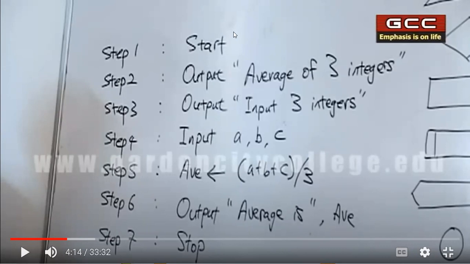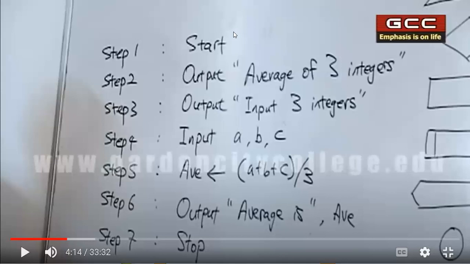Write an algorithm to find the profit of sale and cost. All right, so go ahead now, write it and then show me it.